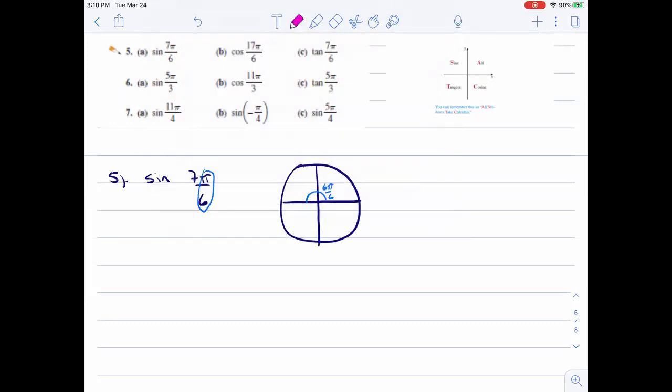And then if I go another pi/6, that puts me at a total of 7pi/6. And if I want the sine of that, well, I've got an angle of essentially pi over 6.